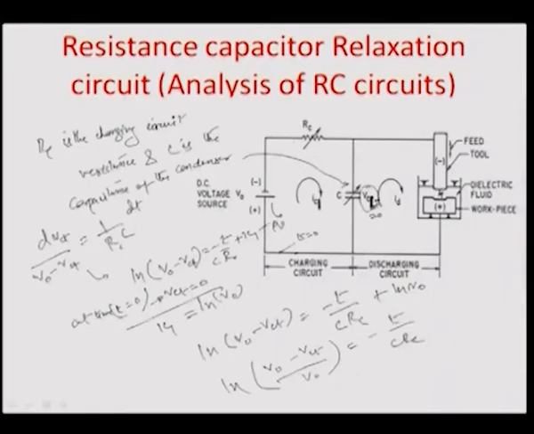In other words, the Vc(t) value is equal to V0 times (1 minus e to the power of minus t by RC).